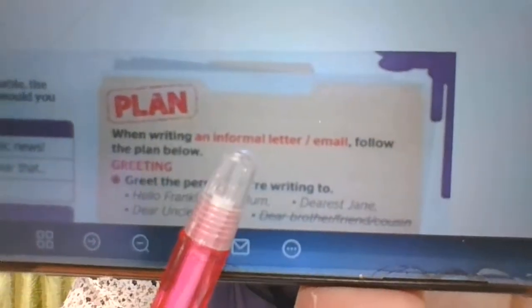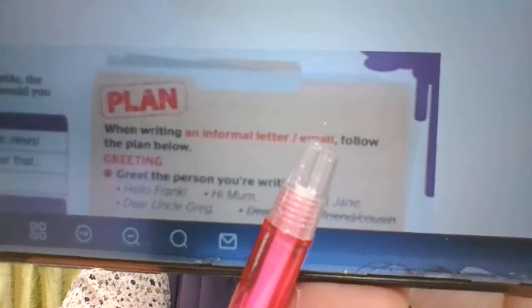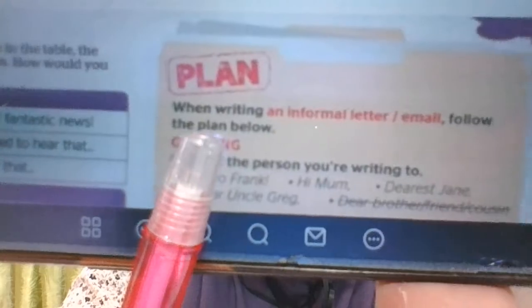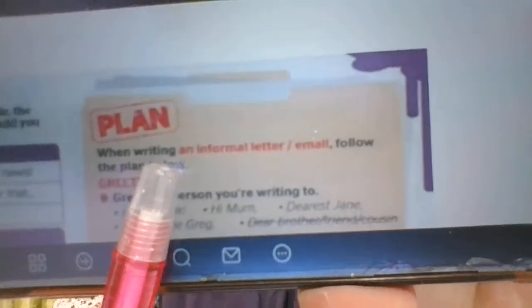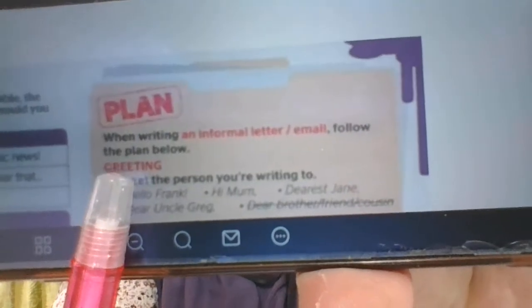In order for you to plan writing an informal letter or email, you need to follow this plan below. First one, greeting. What is greeting? Bagi salam. Say hi. You greet.